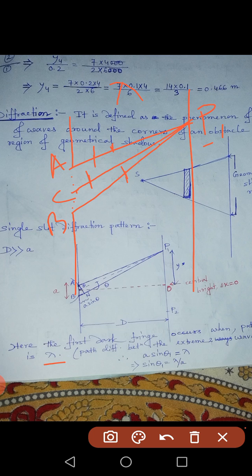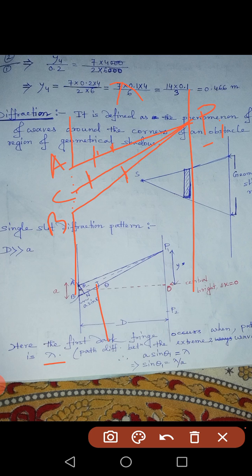Then the path difference between AP and CP will be lambda by 2. If AP and CP have a path difference of lambda by 2, that means if the crest of A reaches P1, then the trough of C will reach P1.